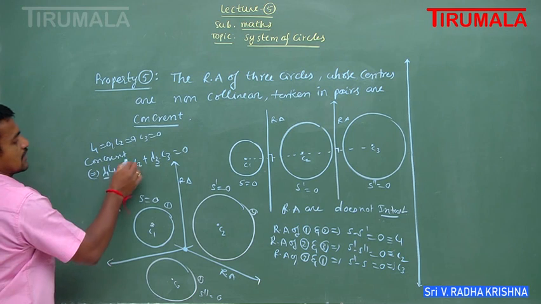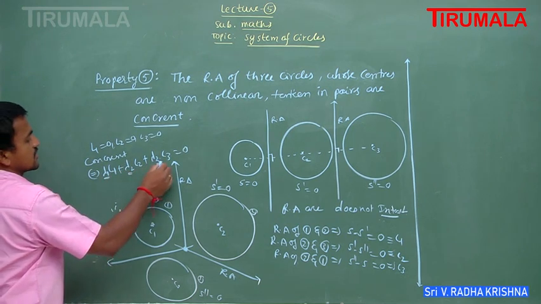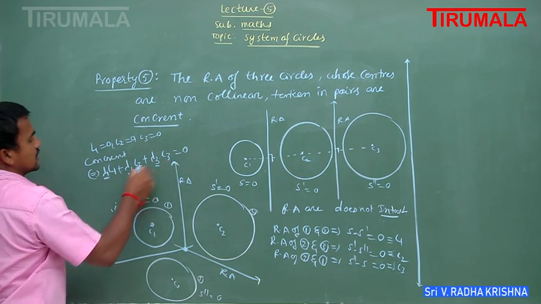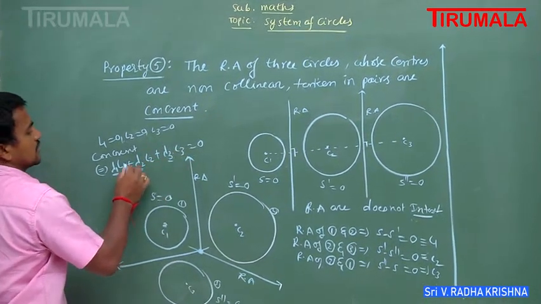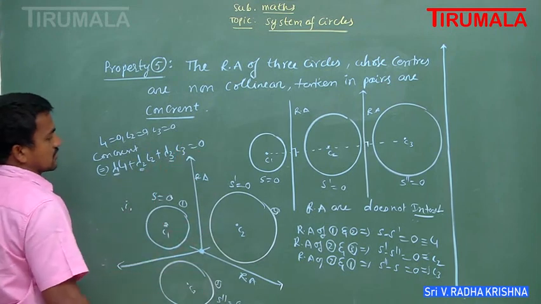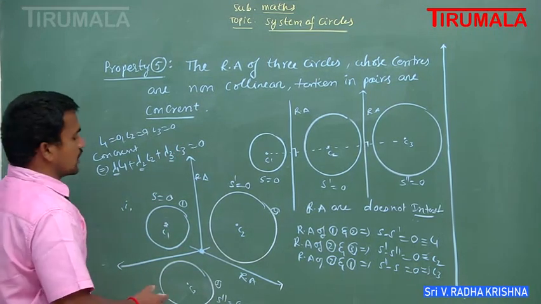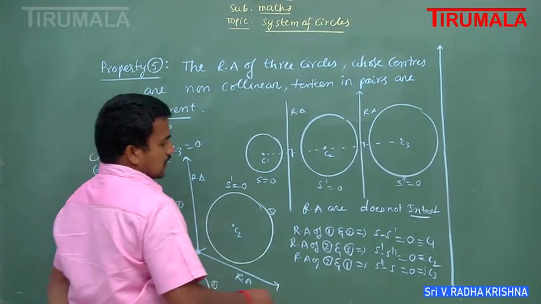If the linear combination of the lines L1, L2, L3 is 0, then the 3 lines are called concurrent lines. We already proved this in the previous classes.